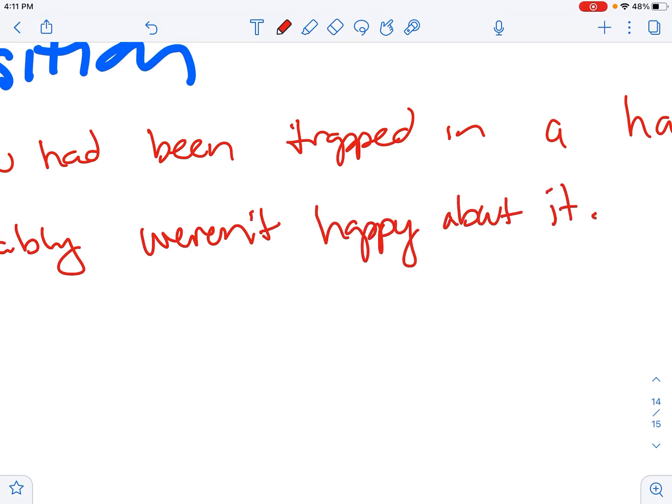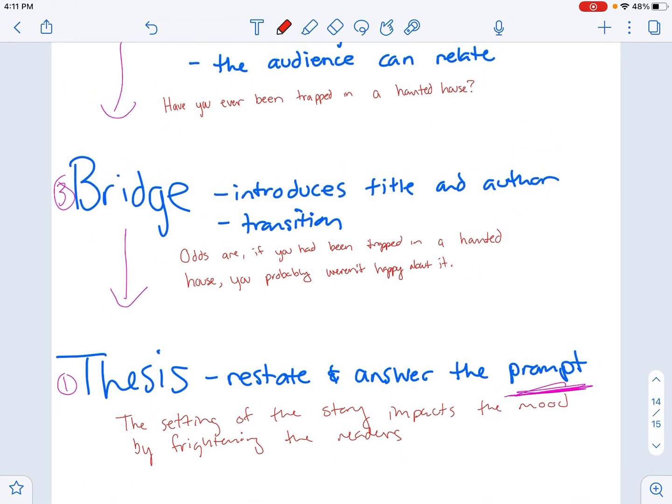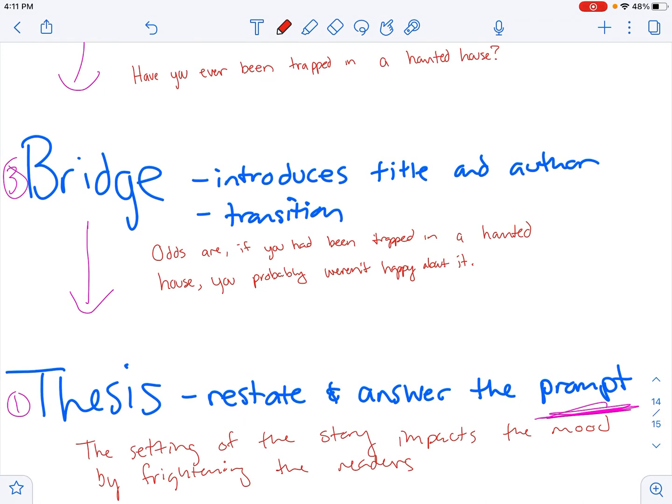Sorry you have to hear all the clinking of my pen there. Okay, so let's take a look at this now. Have you ever been trapped in a haunted house? Odds are if you had been trapped in a haunted house, you probably weren't happy about it.